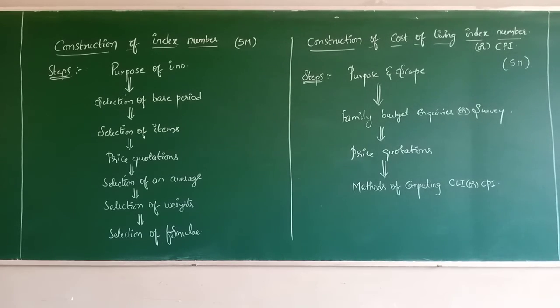Everybody. Now coming to the construction steps of cost of living index number. The following are the steps to be considered while constructing the cost of living index numbers. First one is defining purpose and scope. Same thing everywhere. If you know the purpose, then you will know what items are to be selected, how the enquiries are to be made, everything.